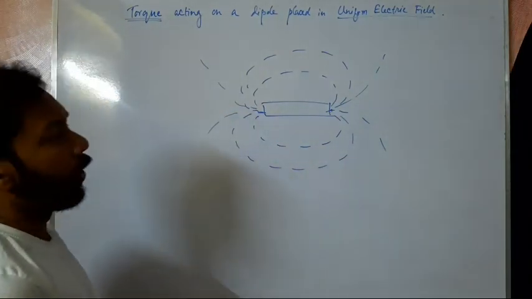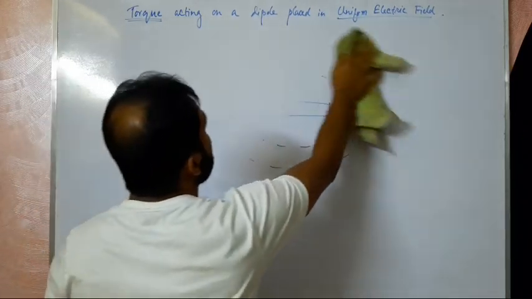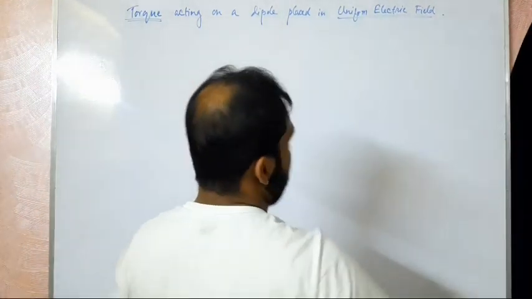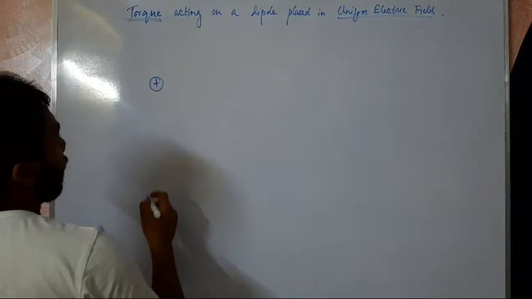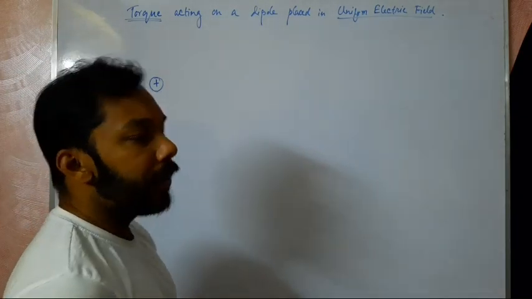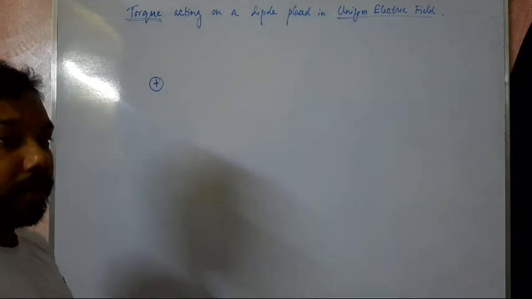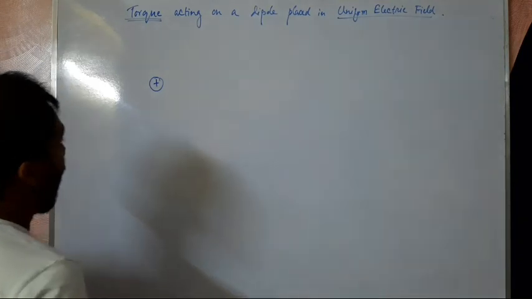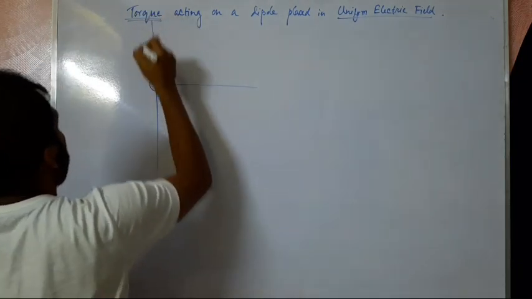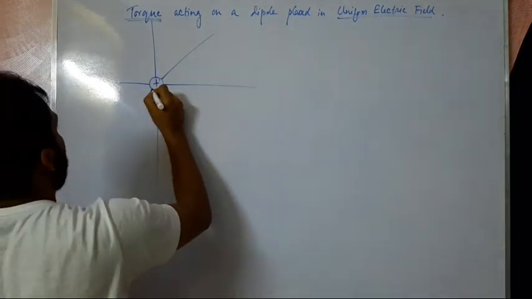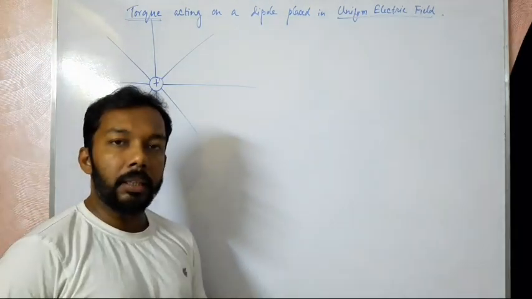In case of electric field also, we can have such lines. These are not actual lines, but we can assume that a positive charge, when it produces a field around it in the 3D region, exerts a certain force on a test charge, and the direction in which it exerts its force on the test charge is depicted by a line.